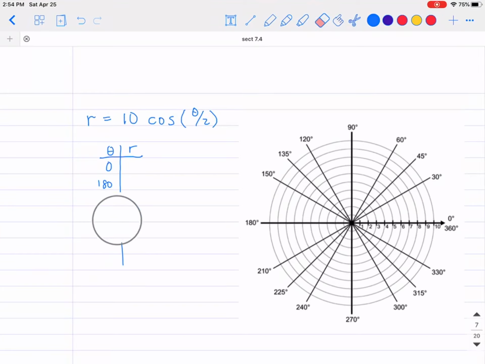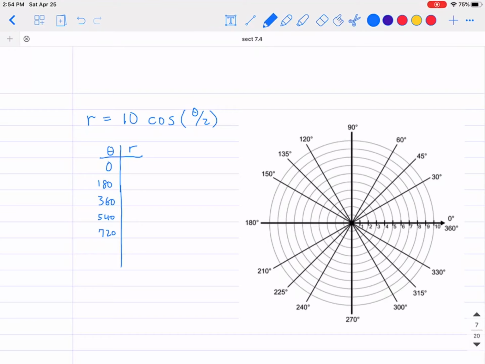Sorry, messed up. Let me go ahead and erase this. Sorry about that. Let's see, 180, 360. Then we have 180 more, so that is equal to 540.